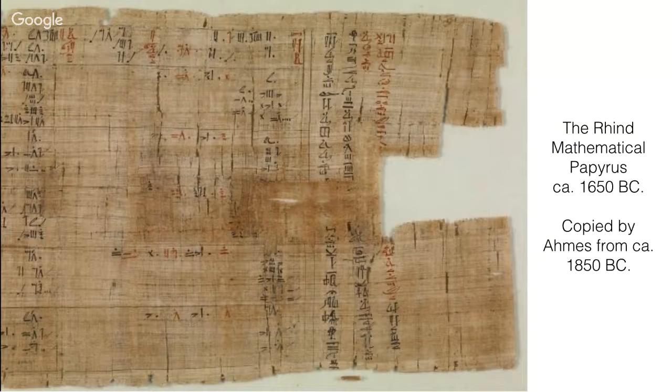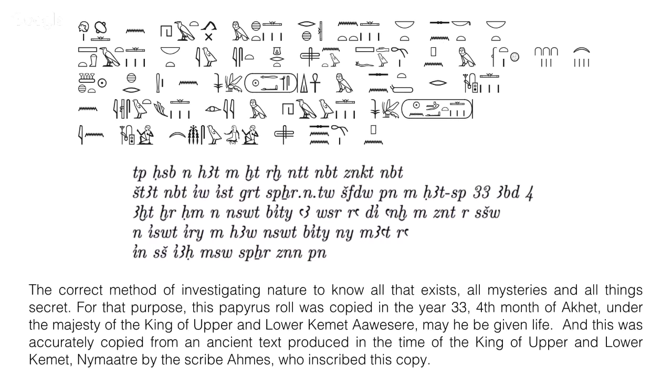So it's basically a 200-year difference between this one that we're looking at and the one that it is copied from. All right. So keep that in mind. Now, this is what the opening phrase says. So this is to give us some context to what I just said. Is everyone still with me?